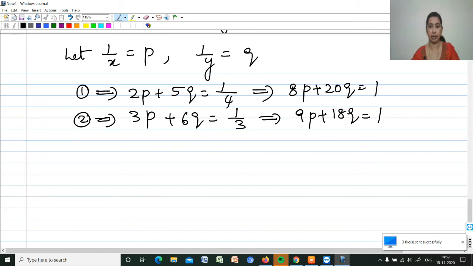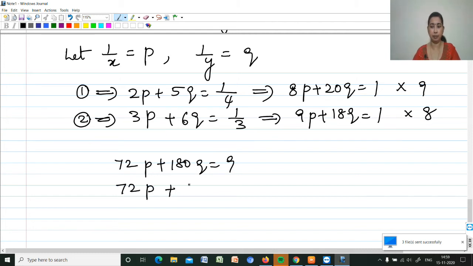So we can multiply this equation by 9 and this by 8, so that the equations become 72p plus 180q is equal to 9, and the second one is 72p plus 144q is equal to 8.